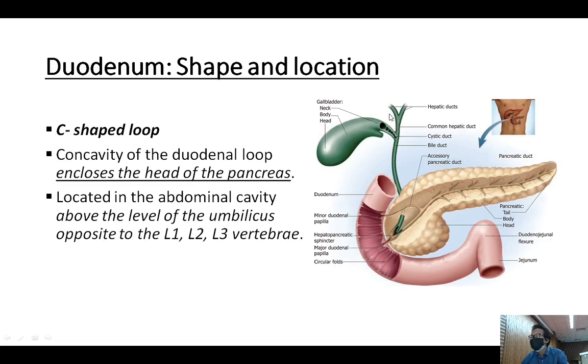And you can also see this is a gallbladder. You have a cystic duct, you have a common bile duct, and this one is a hepatic duct. It comes from the liver. Here above will be the liver. From the liver you will have 2 hepatic ducts. From the gallbladder you have a cystic duct.